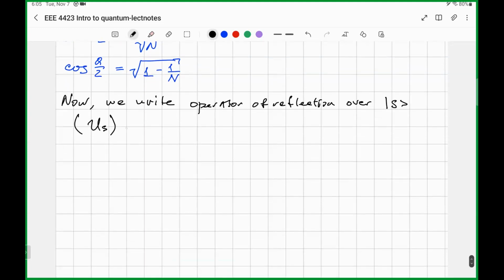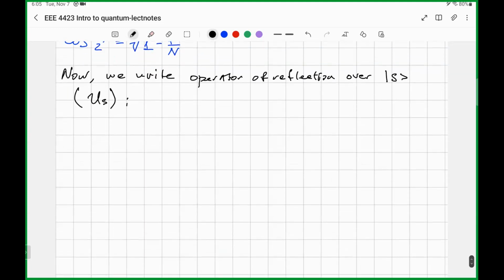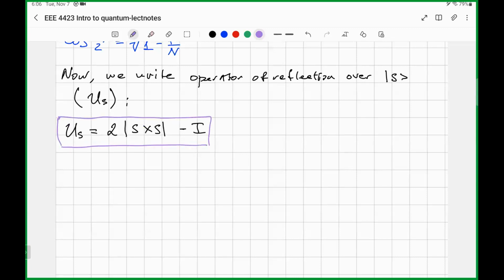And the result is the following. So this operator US is equal to 2 times the projector S S minus the identity operator. Okay, so this is a known fact, but let us show that this is the case.